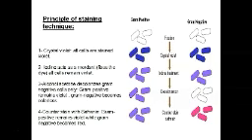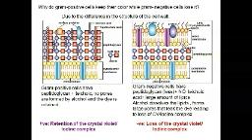The gram negative cell becomes red or pink. Why do gram positive cells acquire crystal violet and retain it, and gram negative cells do not retain the crystal violet? There is a difference between the cell wall structure of gram positive bacteria and gram negative bacteria.